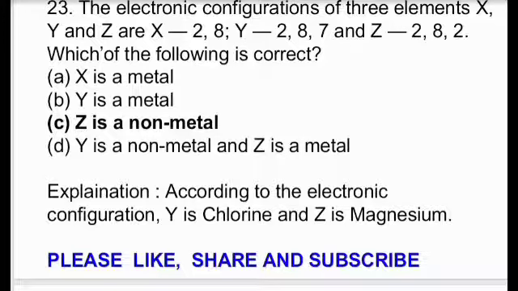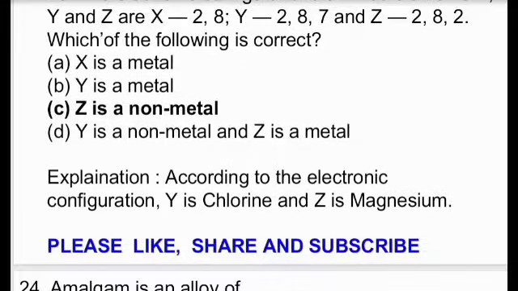Options are X is a metal, Y is a metal, Z is a non-metal and Y is a non-metal and Z is metal. According to the electronic configuration, Y, that is 17, is chlorine and Z, 12, is magnesium. So the correct option is Y is a non-metal and Z is a metal.